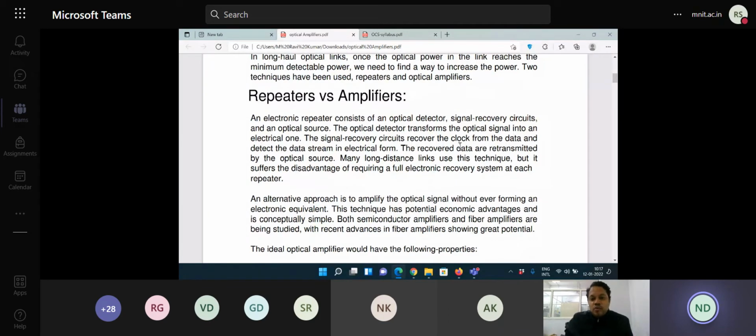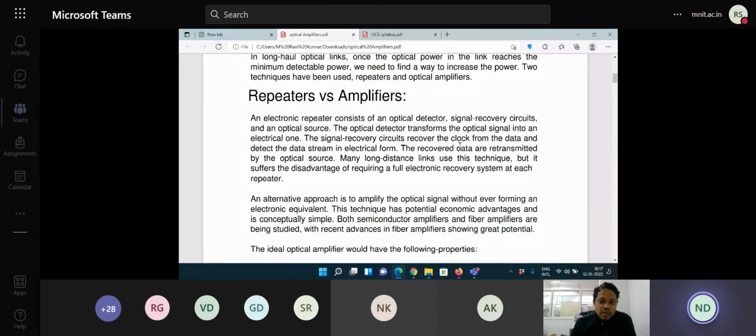So most optical communication systems use optical amplifiers because the electronic repeater introduces delay into the communication path, and it is also expensive. Okay, so to avoid these two, the optical amplifiers are a much better option.